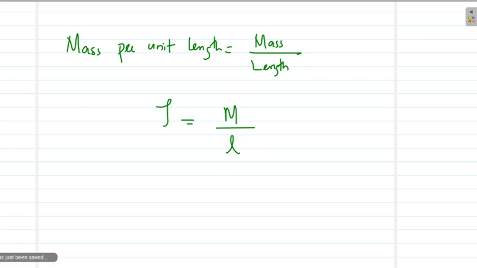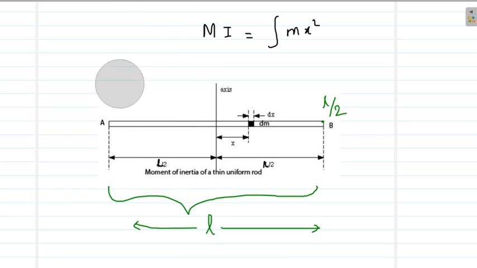Now coming to the calculation of moment of inertia, let us find the moment of inertia contributed by a small mass element at a distance x from the axis. Its length is dx, since it is very small. So what will be its moment of inertia? We do not have to do integration or summation to calculate the moment of inertia of a single mass element. It will be simply its mass into distance square. Now what is its mass?